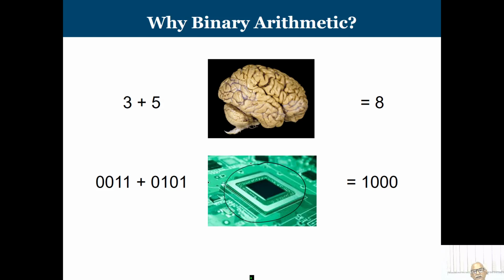In this particular case, when I add 3 plus 5, my processor won't understand the symbols 3 and 5. It always works on electrical signals, and for our understanding, the electrical signal high is represented by 1 and the electrical signal low is represented by 0. If I say 0 0 1 1, I have 4 signals, and this is the combination we are giving, that means low low high high.